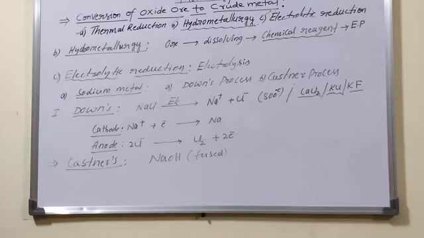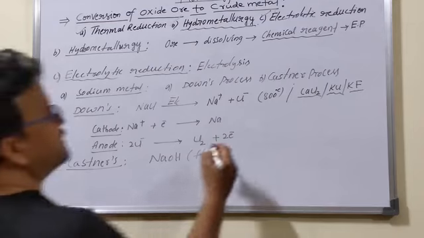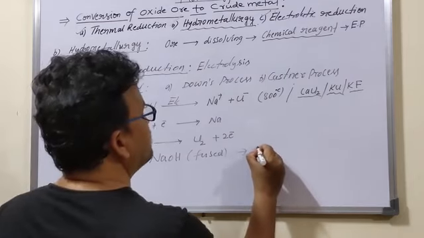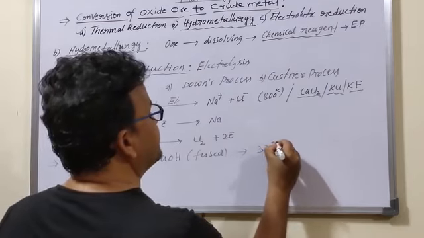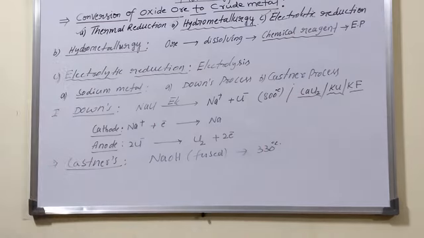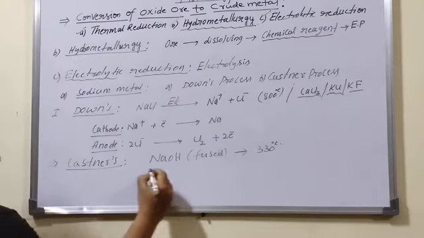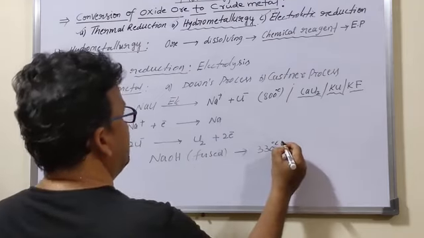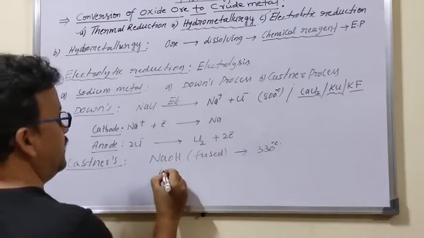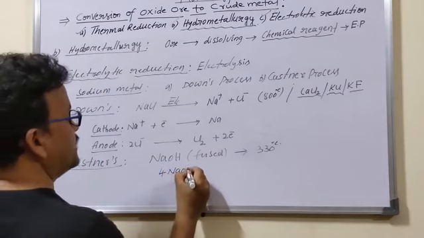The melting point of this NaOH is nearly 330 degrees Celsius. When compared to sodium chloride, it is a little bit less. And 4 moles of NaOH act as the electrolyte.